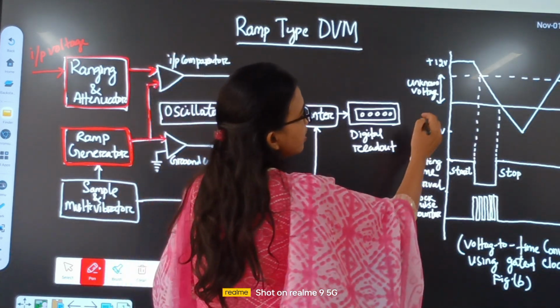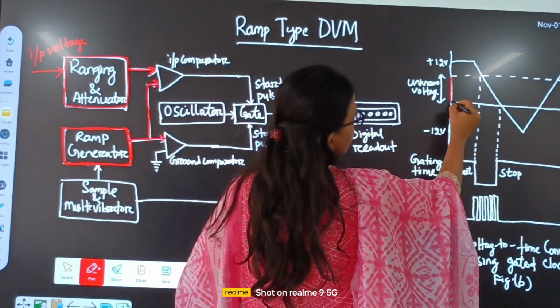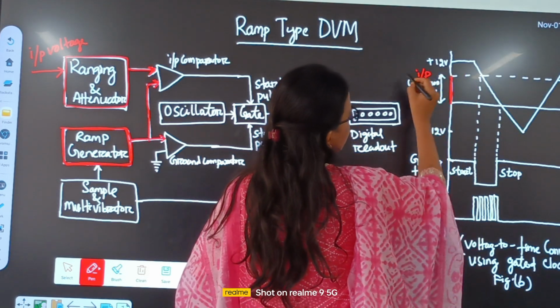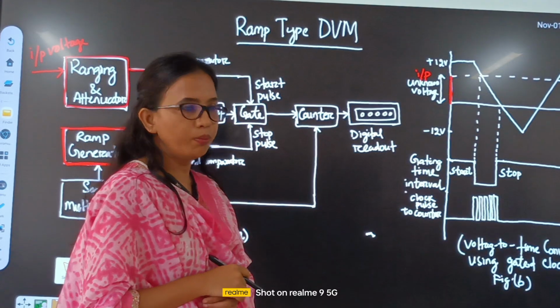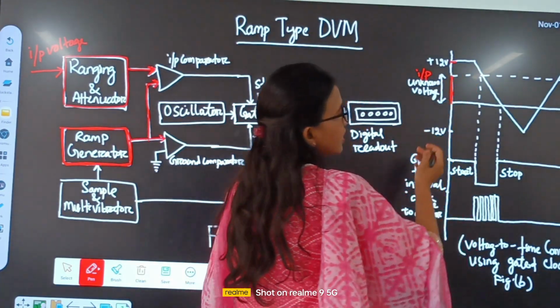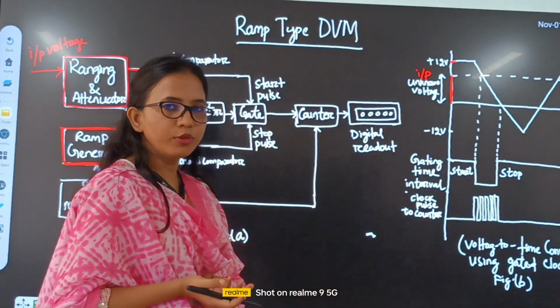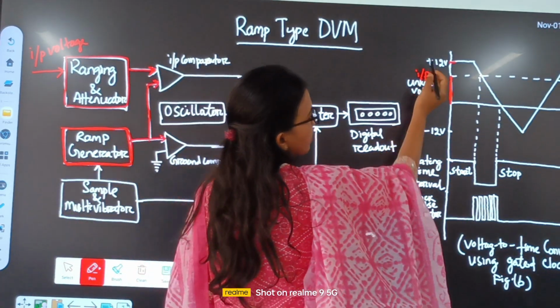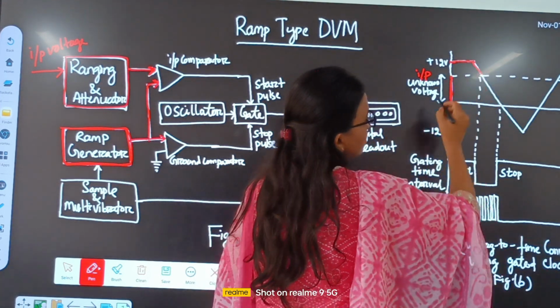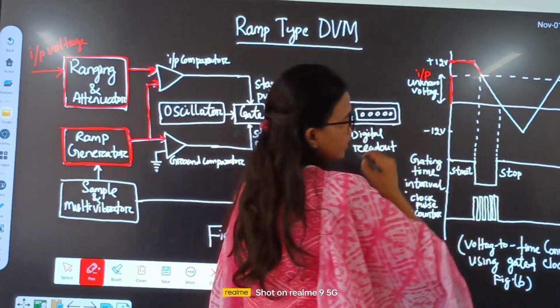After comparing, you can understand from this voltage to time conversion. This is my unknown voltage, the input voltage which we are going to measure. And this is the voltage we are taking, like you can take 24 volt, but I am taking plus 12 volt. Sorry, this is the known voltage.